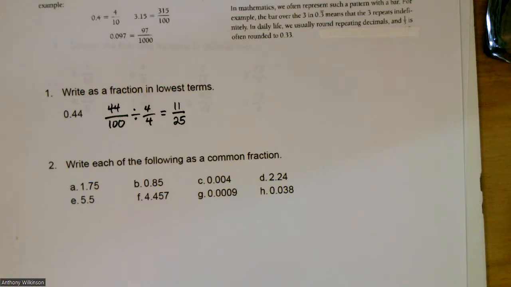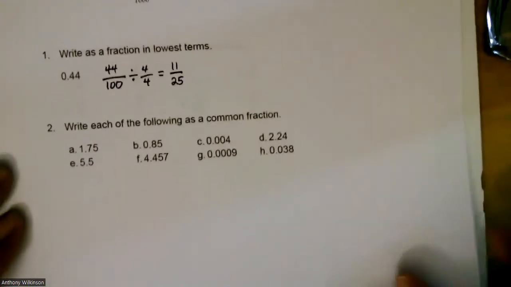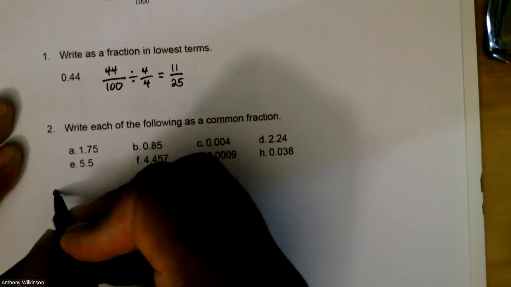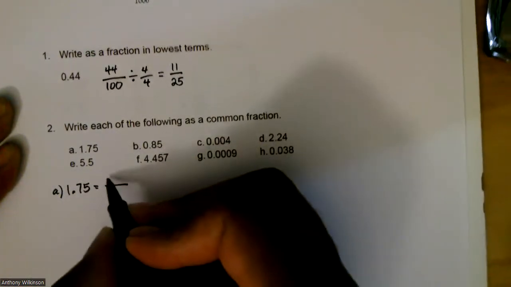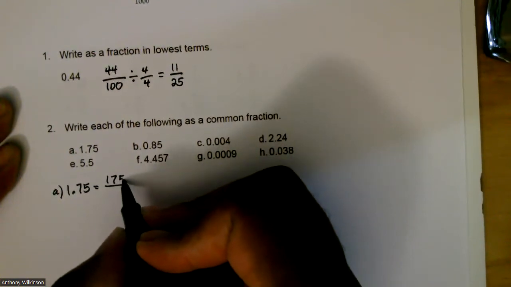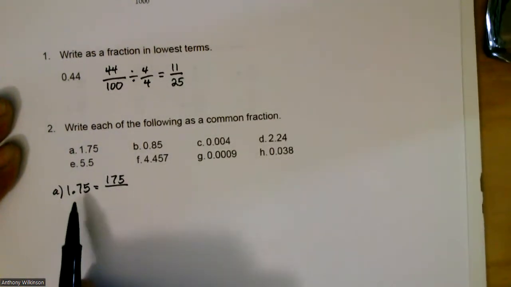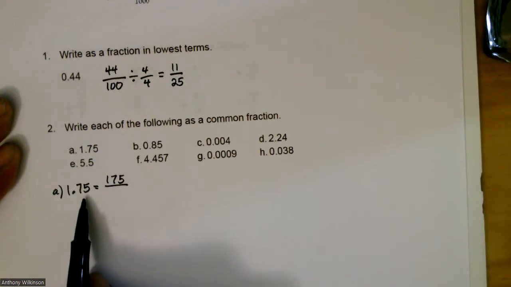All right, in number 2, we got A through H. We're going to write each of these as a common fraction. Starting with part A, 1.75. Well, I know the numerator will have a 1 and a 7 and a 5, but the last digit behind the decimal point is a 5. That is in the hundredths place.